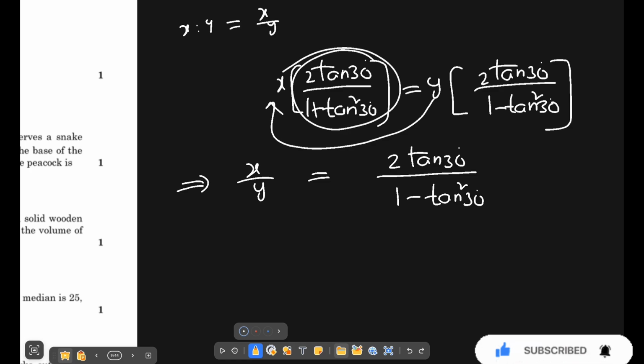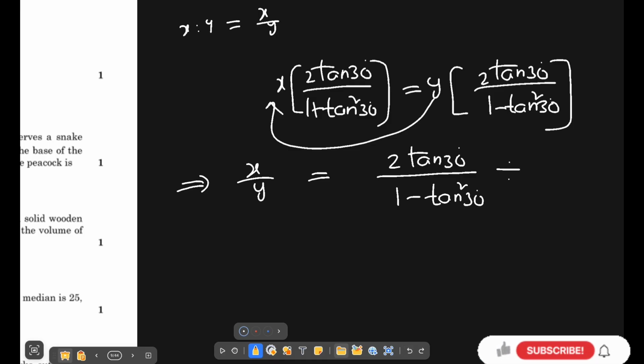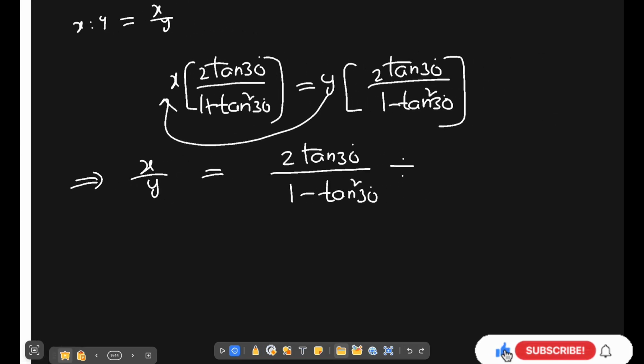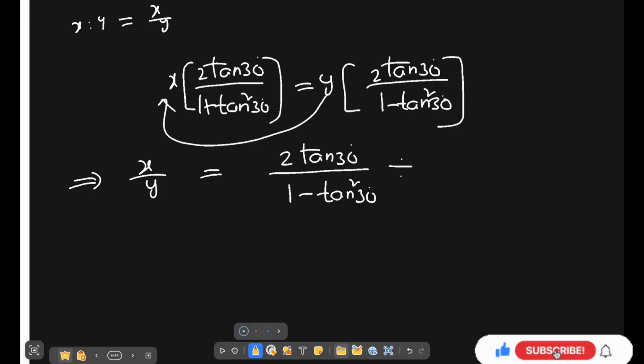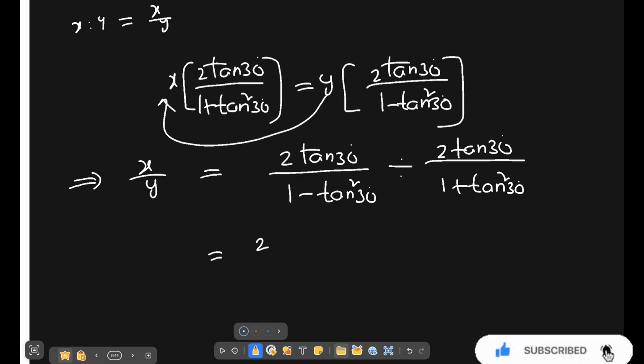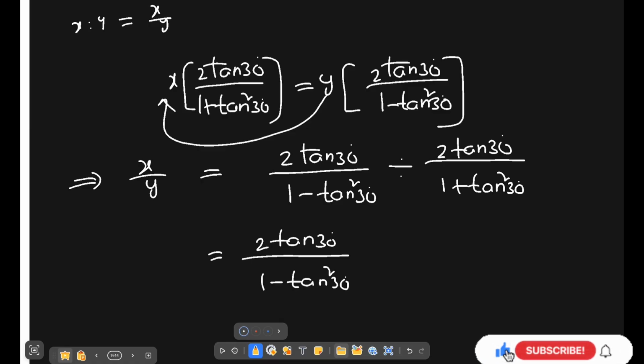If you send this one to the right side, it becomes division, divided by 2 tan 30 degrees whole by 1 plus tan square 30 degrees. Now it will be equal to 2 tan 30 degrees whole by 1 minus tan square 30 degrees, into, that division symbol becomes multiplication, and the reciprocal of this one.